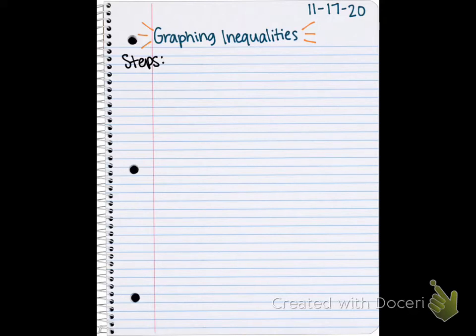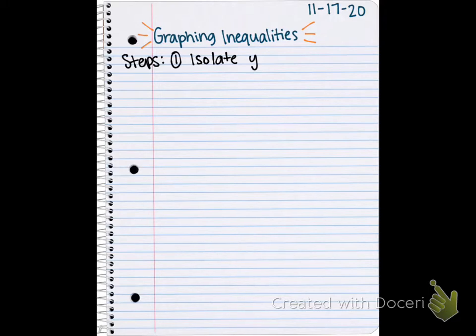All right, so our steps for graphing inequalities. The first step is to isolate y. What that means is you're pretty much getting y by itself. You may have to solve the inequality for y, and y'all know how to solve inequalities.